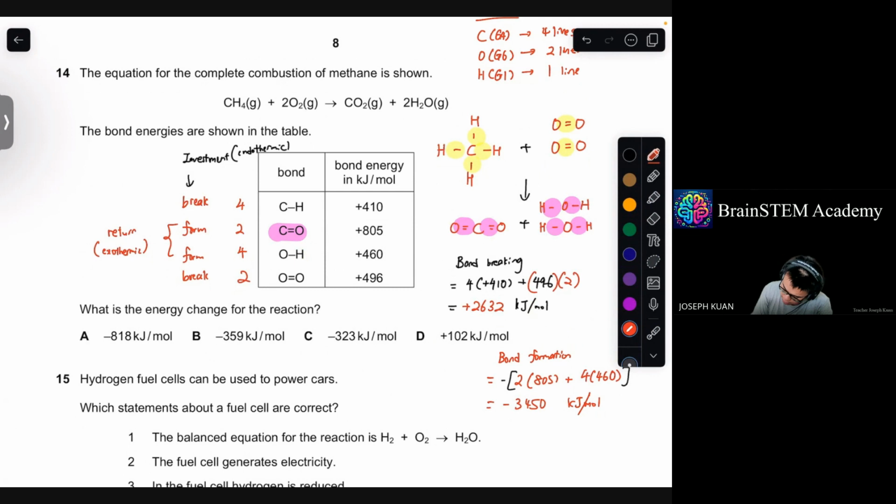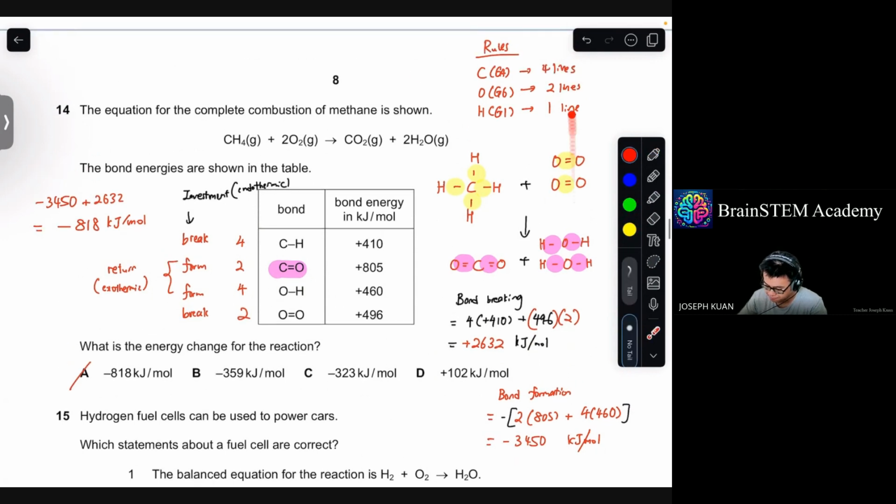Right, so the net change, the enthalpy change, is the return minus the investment. So it gives you a whopping 880, right? Let me double check the answers real quick. Yeah, it is A. Okay, so allow me to recap this part.